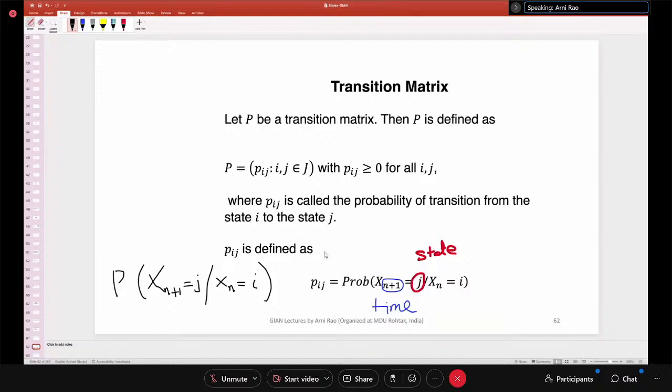X_{n+1} is इसको next time step. X_n equal to i, X_{n+1} equal to j. This is known as conditional probability, or probability that X_{n+1} equal to j given that X_n equal to i. इसको बोलते हैं given. This notation we write as P_ij.